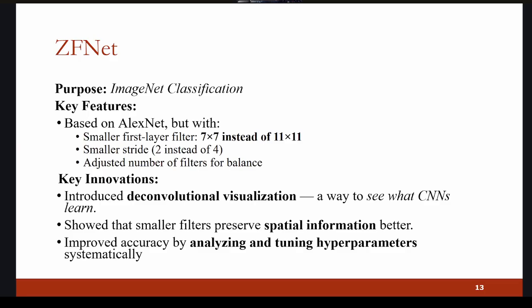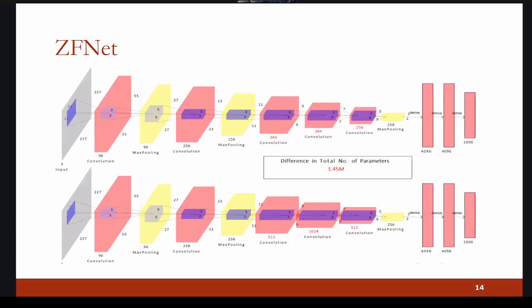So that is the inference they got by introducing this architecture. You can see here the difference in total number of parameters between AlexNet and ZFNet is 1.45 million parameters.